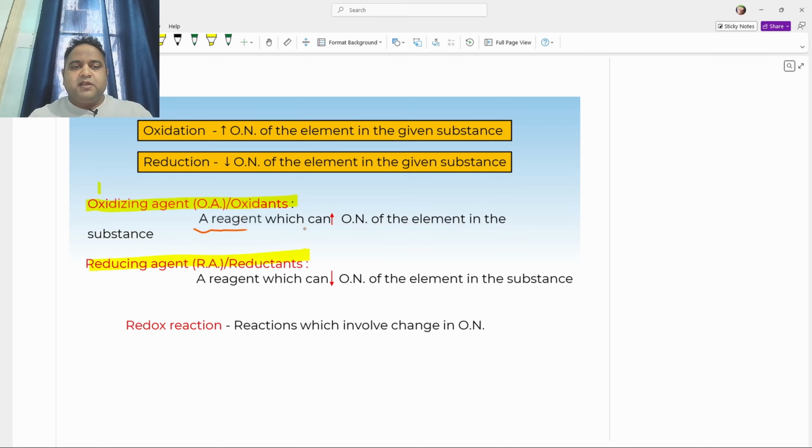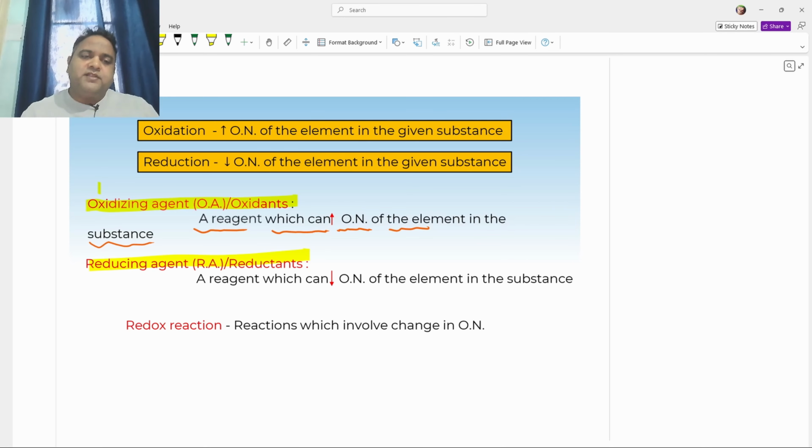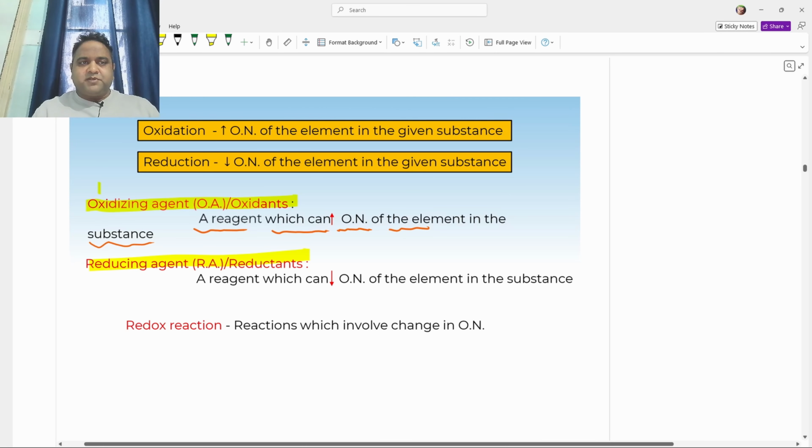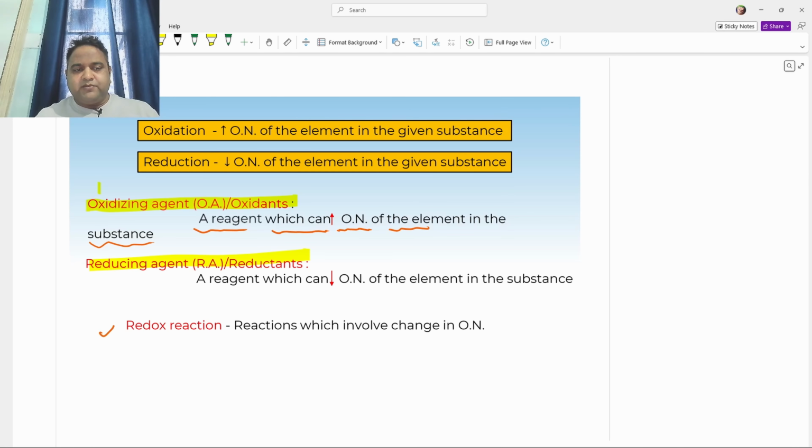The reagent which undergoes an increase in oxidation state, which can increase the oxidation number of the element in the substance. The element that helps to decrease the oxidation number of any substance. Let's go with the simple definition I will tell you.